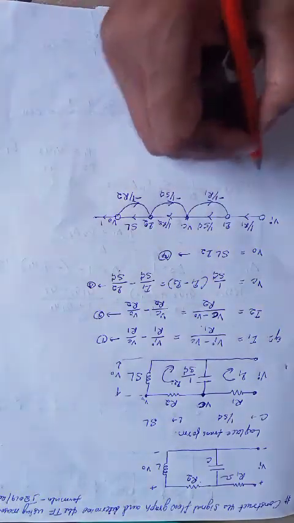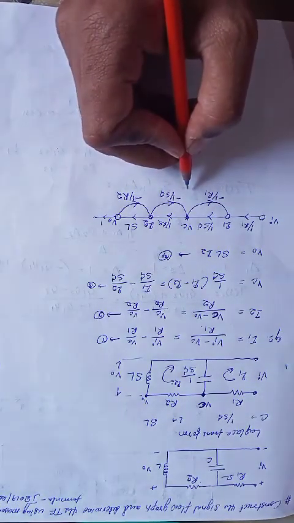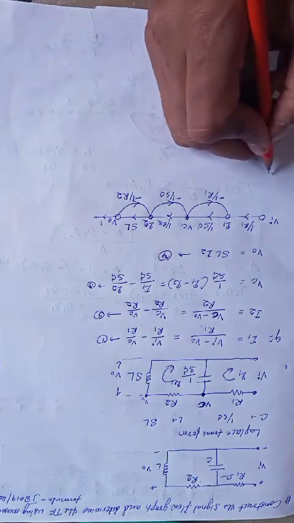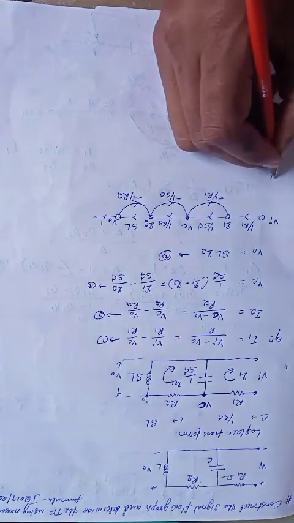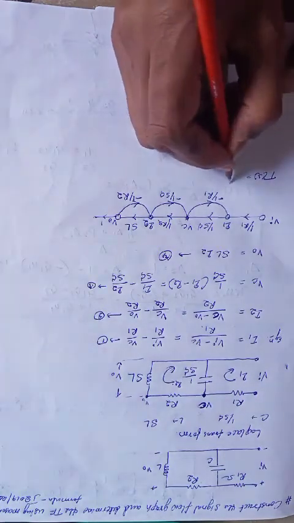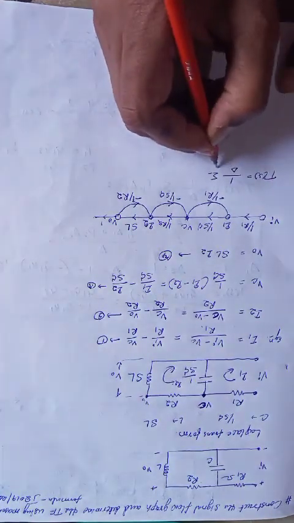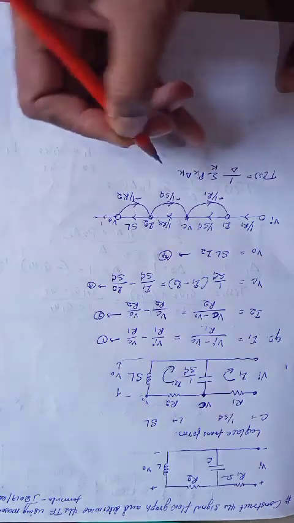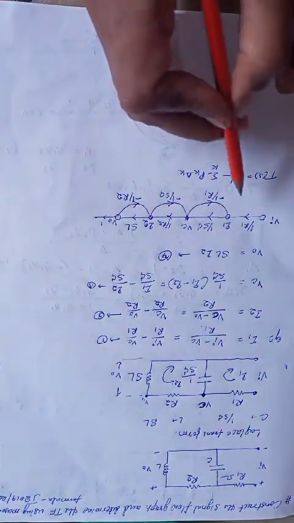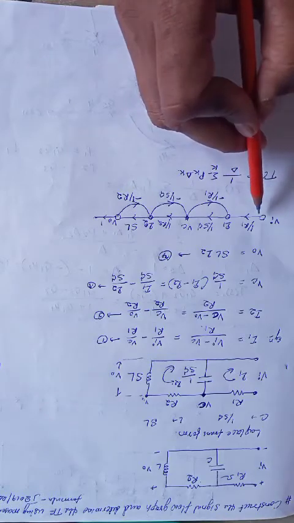Now by applying Mason's gain formula for this, the Mason's gain formula for finding the transfer function is 1 upon delta summation k Pk delta k. First, find the number of forward paths.